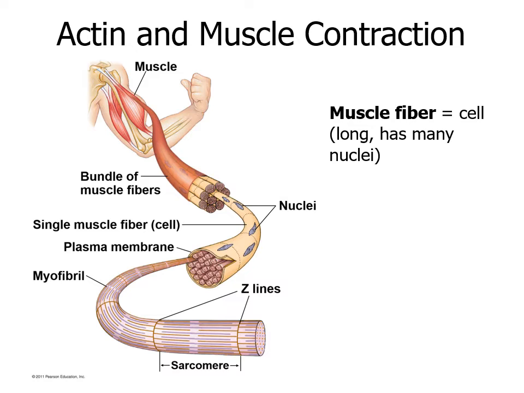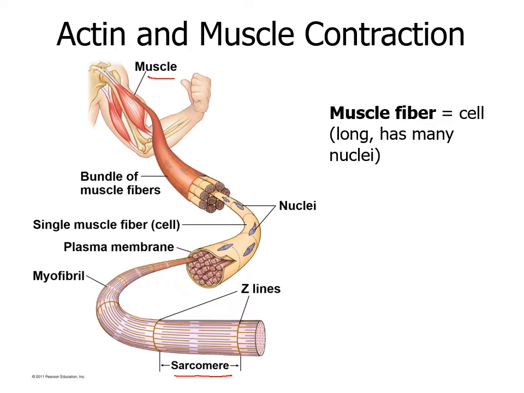Here is a picture of those skeletal muscles, and you can see that we're looking at more and more detail when we go from muscle all the way down to the sarcomeres. So there are bundles of muscle fibers. Muscle cells are actually very large and have multiple nuclei. Within those cells are these myofibrils.